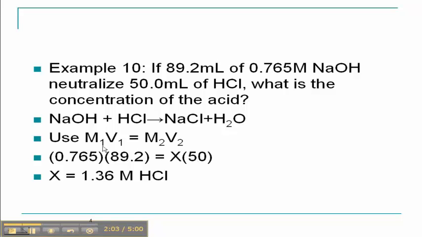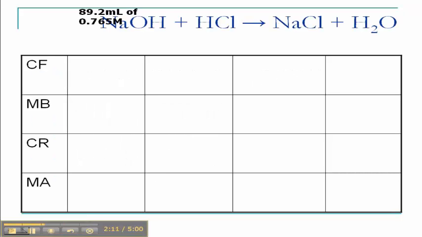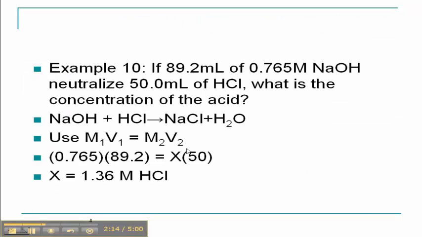So we are going to use M1V1 equals M2V2. So make sure that your 89.2 milliliters and your 0.765 molar goes together. And make sure that 50 goes with our unknown concentration. And so when you solve this, you get a concentration of 1.36 molar.